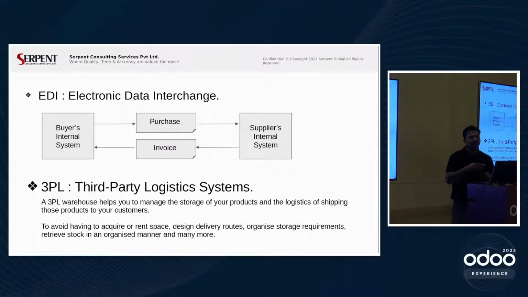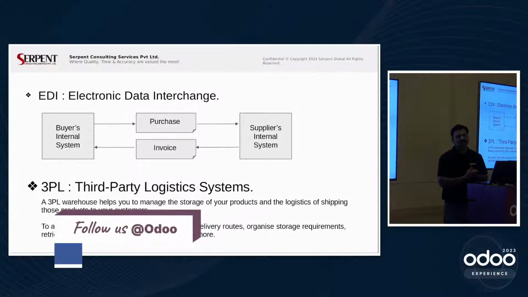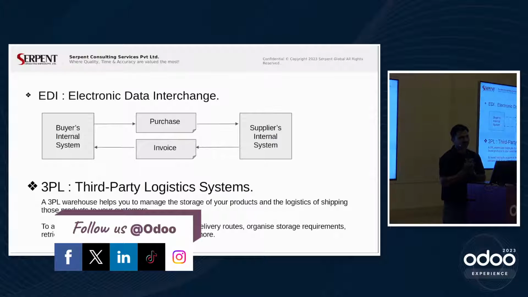For example, a buyer places some order, and the supplier will send some items. So in between, the communication that happens is made smooth using the EDI shipment integration with the 3PL partner.